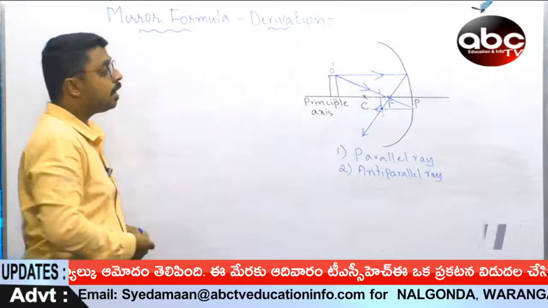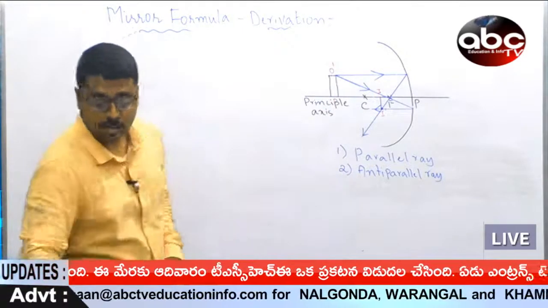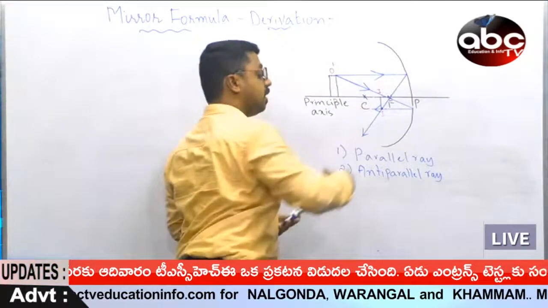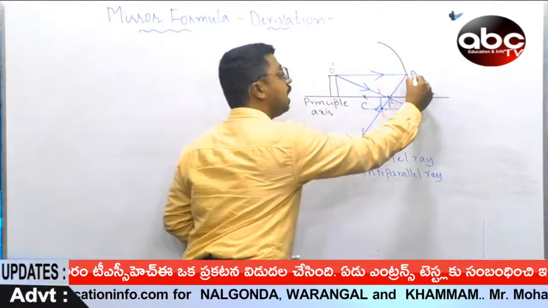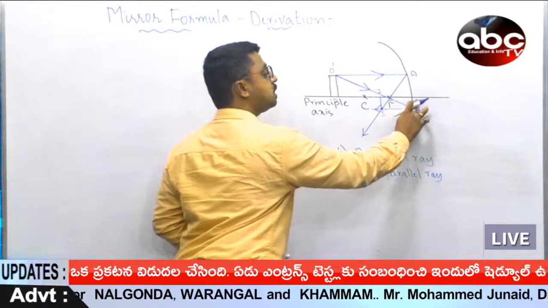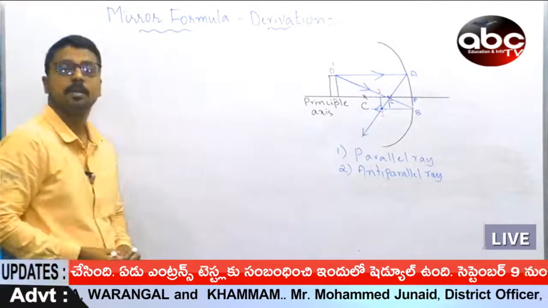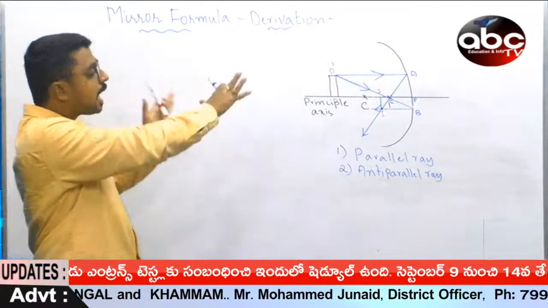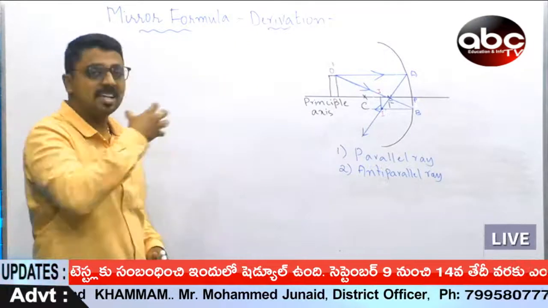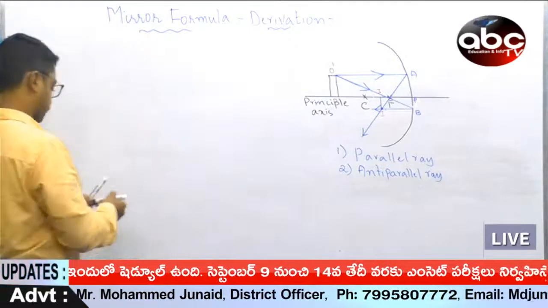So what are we going to take from the diagram? Let us analyze the starting ray hitting point as A, and the second ray hitting point as B. Let us limit this one to here itself. So we have got a diagram. In that, let us analyze the diagram and just write the data first.